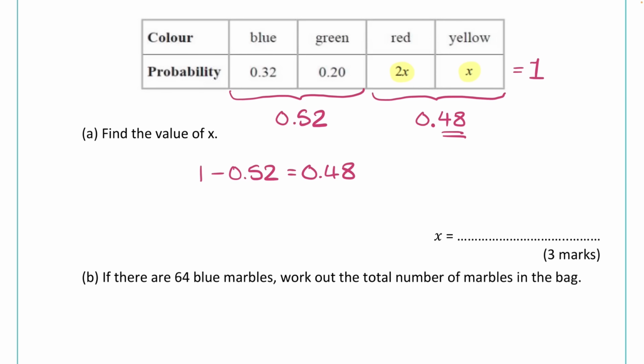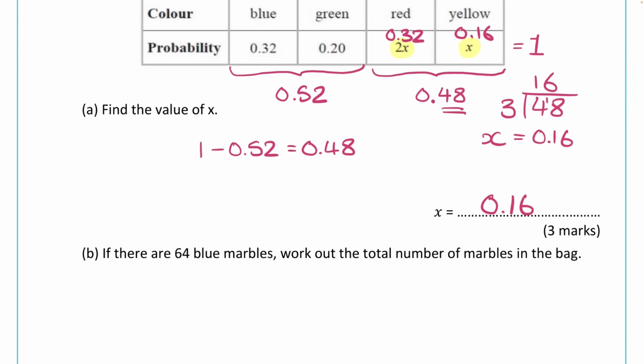Now I prefer personally to just divide the whole number, so 48, imagining it's just a percentage instead, 48% divided by 3, 3 goes into 4 once, remainder 1 goes into 18 6 times, so that would be 0.16. So x is equal to 0.16. It doesn't ask us to fill it in, but that means this would be 0.32 and this is 0.16. It only asks us to find the value of x, so 0.16 is our answer.